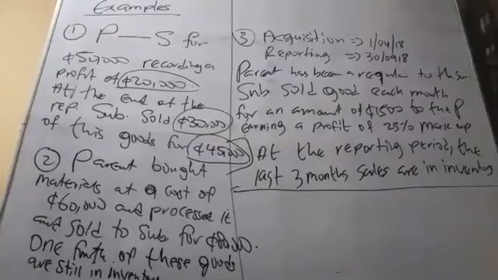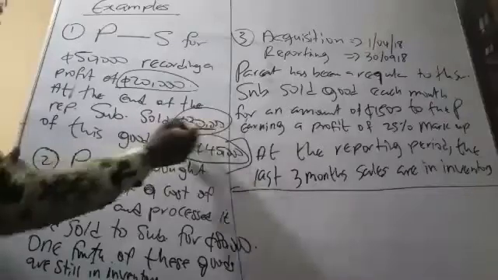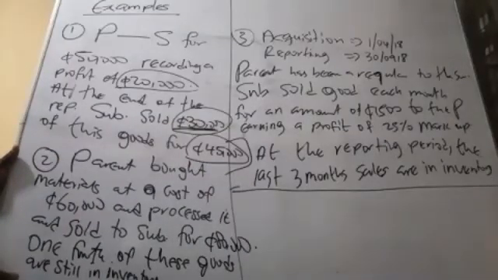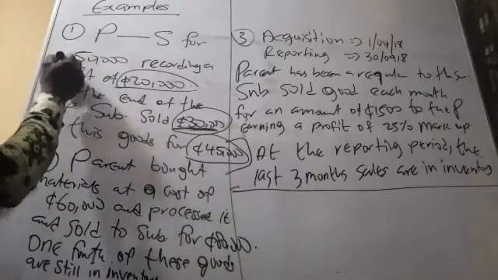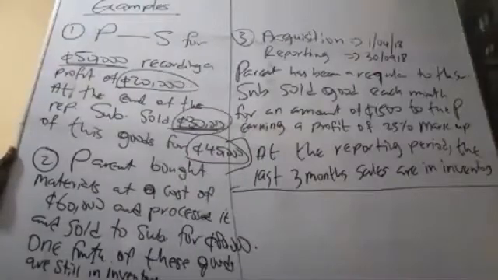So what you do is this. The goods left is 20,000, because out of the 50, we sold 30, so we are left with 20. Goods left in inventory.